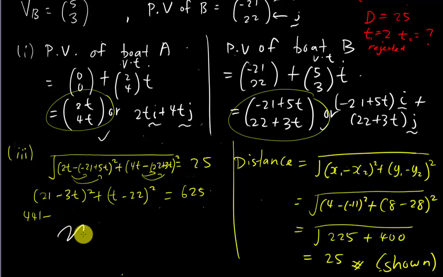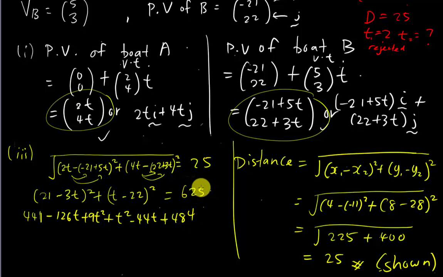Let me change back the color because of some technical problem here. So it will be minus 126t plus 9t squared when I expand this one. I expand this one also. This will be t squared minus 44t plus 22 squared, and 22 squared is 484.